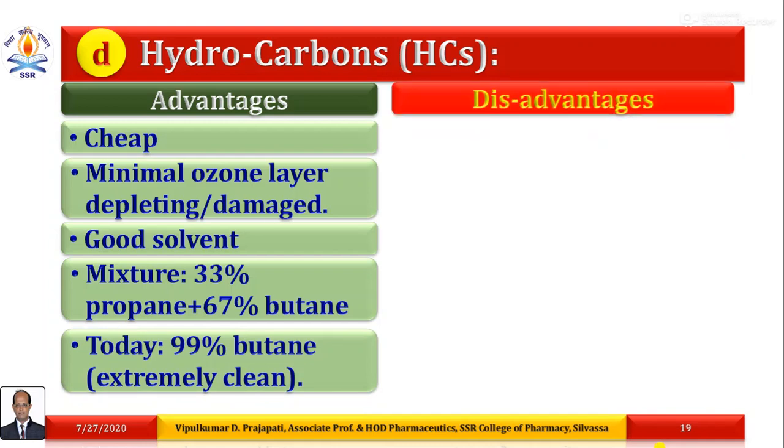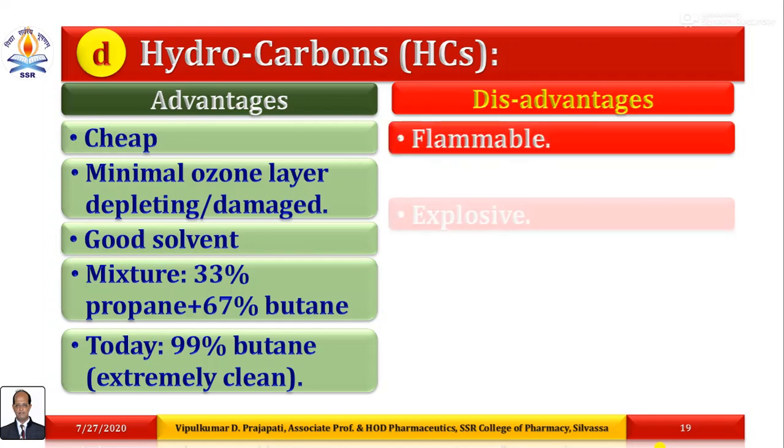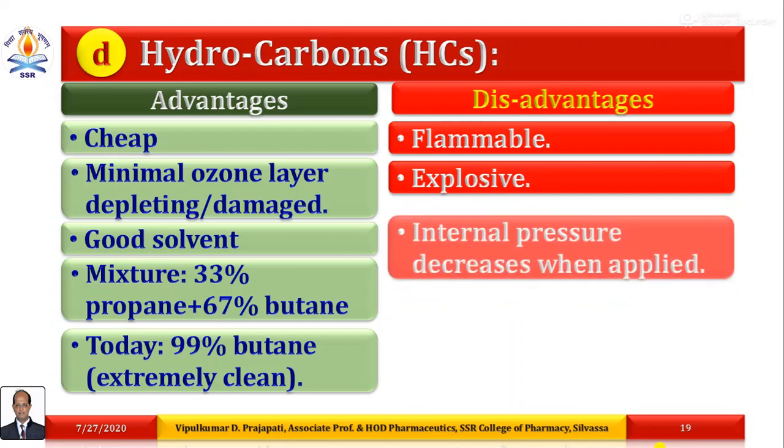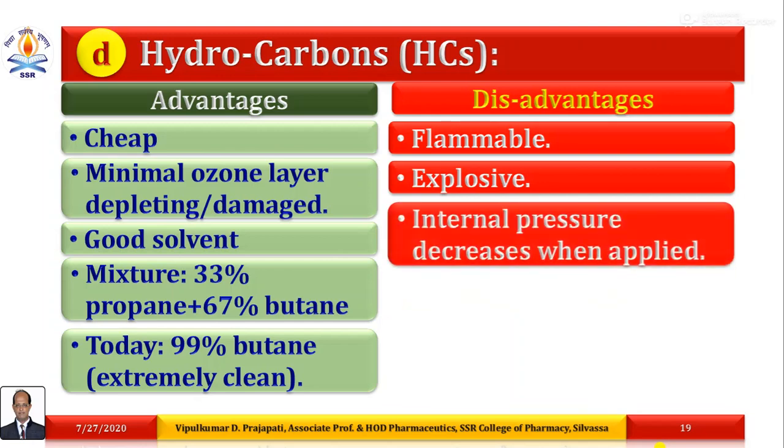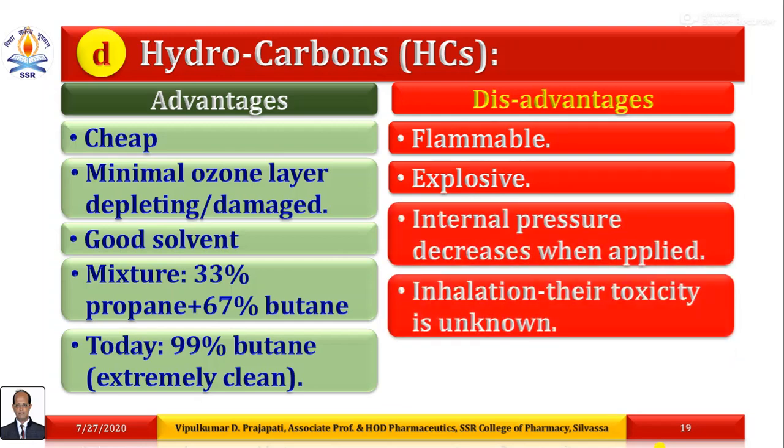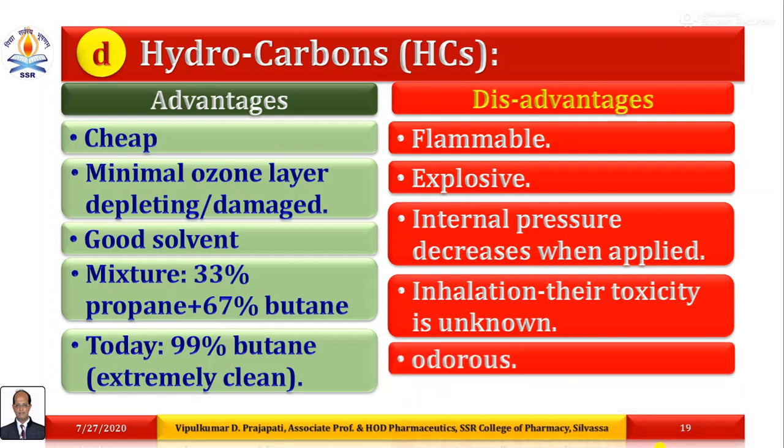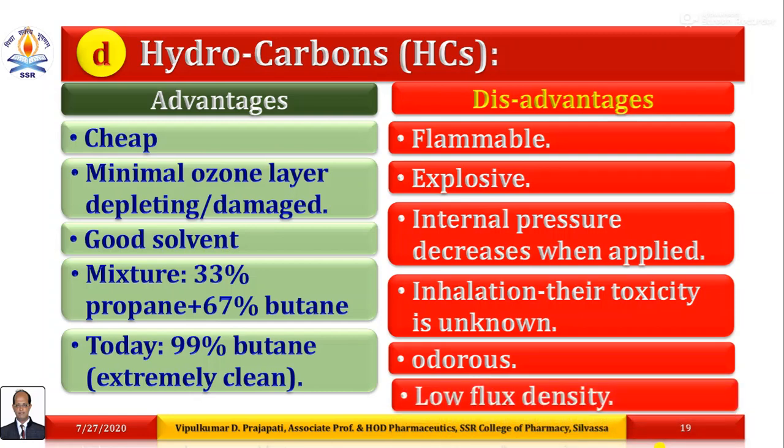What are the disadvantages of hydrocarbon propellants? They are flammable, explosive, internal pressure decreases when applied, their inhalation toxicity is unknown, they are odorous and have low flux density. So these are the disadvantages of hydrocarbons as propellants in pharmaceutical aerosols.